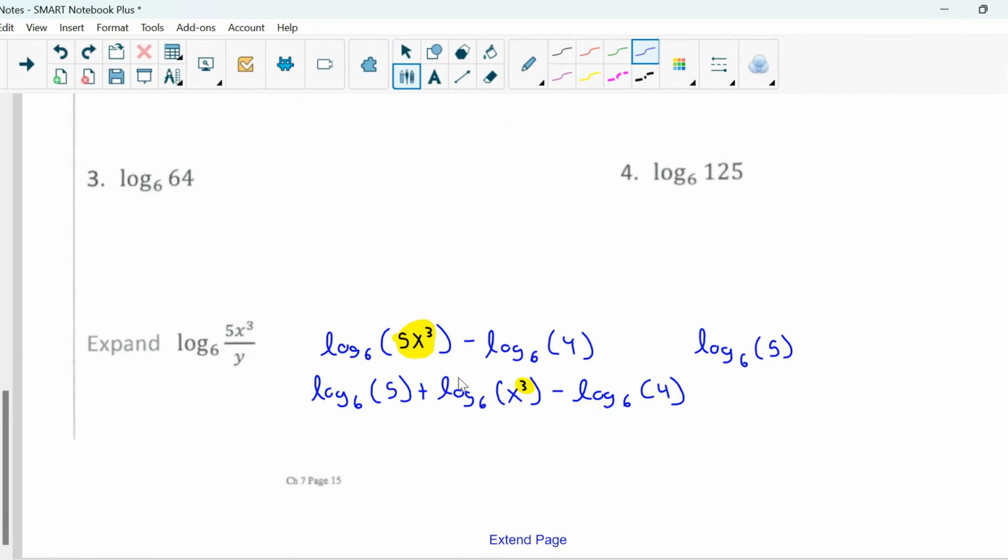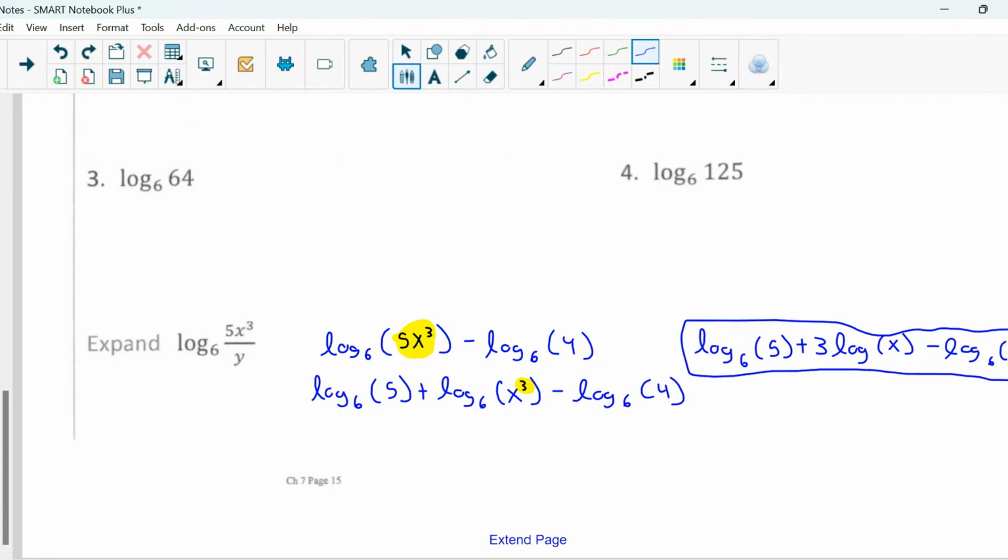For my power property, I'm going to move the 3 out in front. So plus 3 log of x minus log base 6 of 4. And that's going to be the most expanded form that I can rewrite that logarithm as.